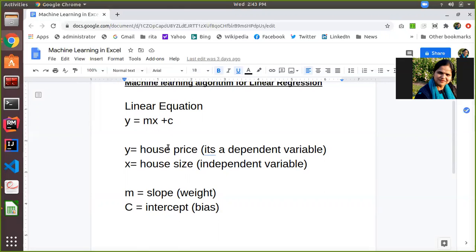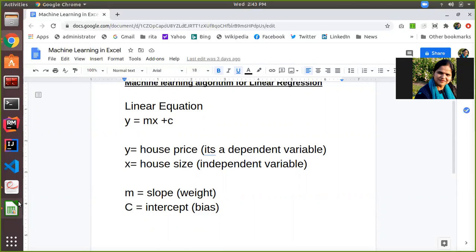Once I identify the slope and intercept, I can find the value of y for any x. In our case, I can predict the house price for any house size.